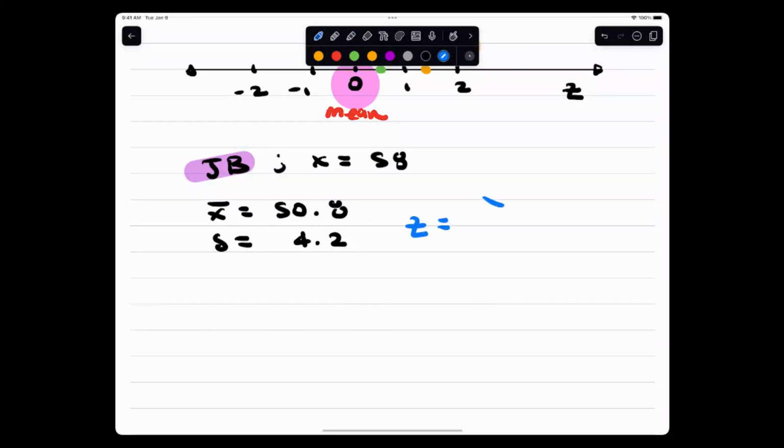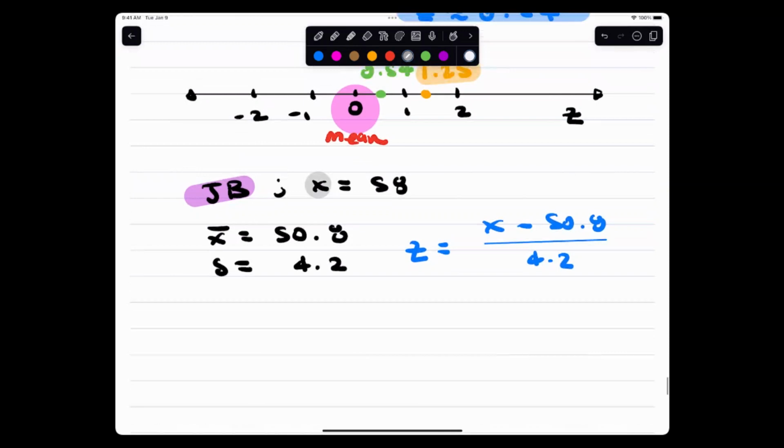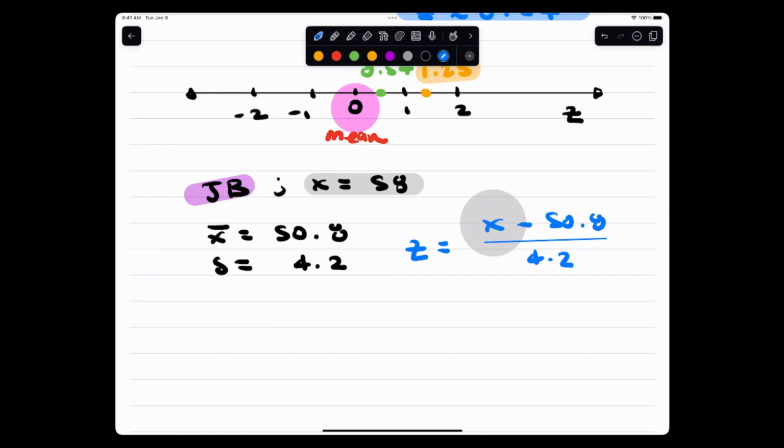Z is X minus the mean, 50.8, over 4.2. Remember, this is JB's X value, his data score. Even though they all had different tests, we can see who scored relatively better.